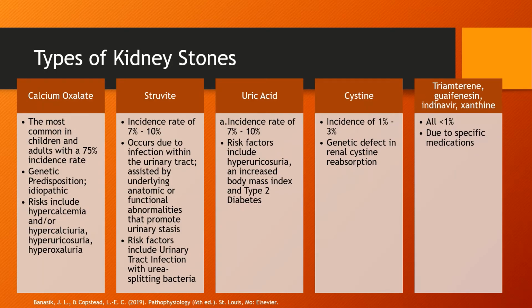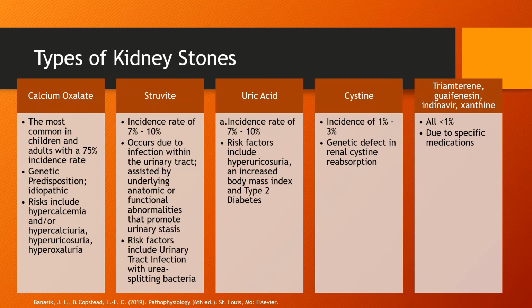In total, there are 5 types of kidney stones. First up, we have the calcium oxalate. It is the most frequently observed kidney stone in both children and adults, with a 75% incident rate.